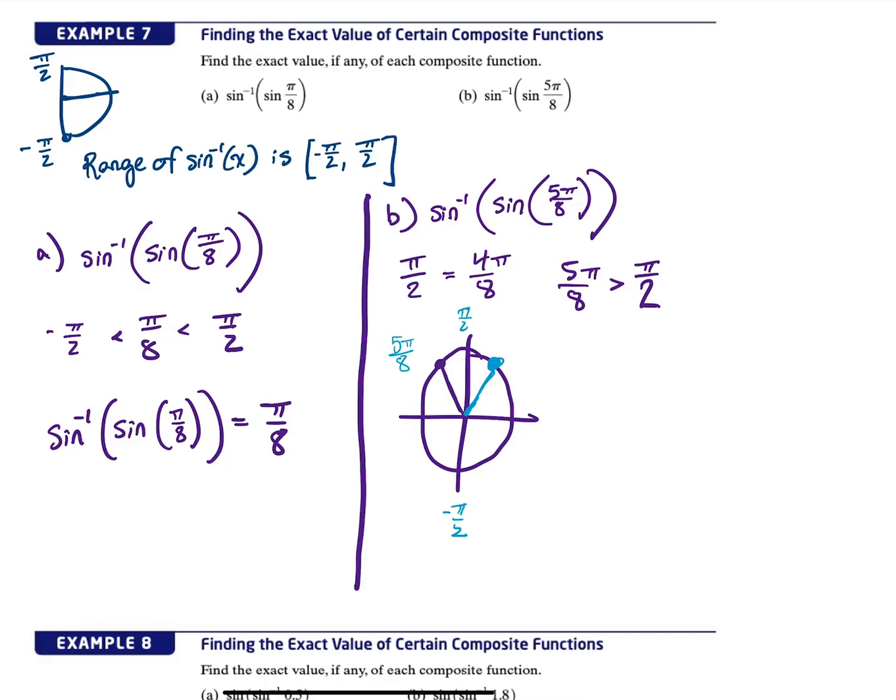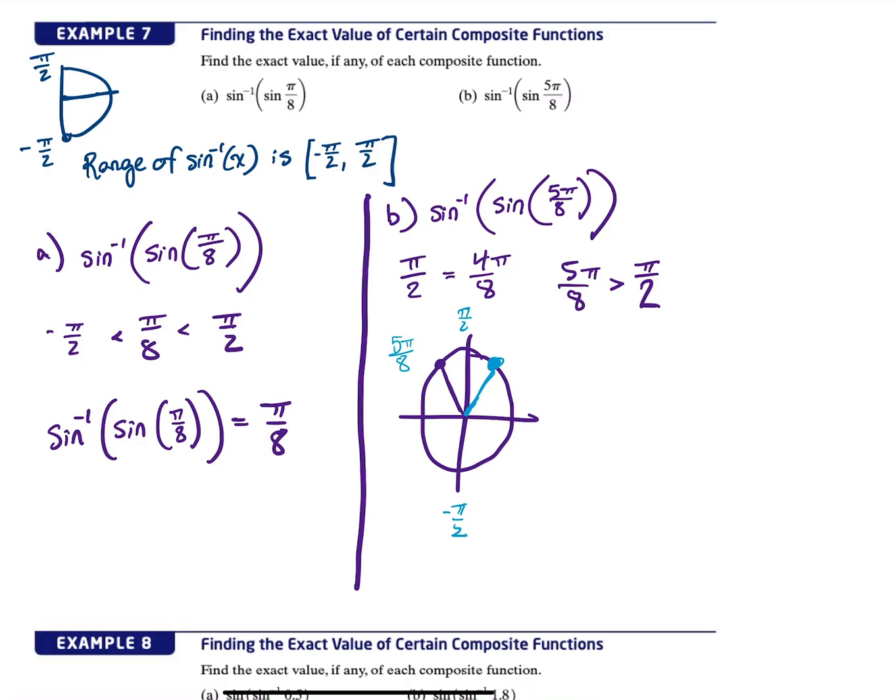So what can we do? Well, if we subtract pi over 2, so pi over 2 is this 90 degrees here, and 5 pi over 8 goes beyond 90 degrees into the second quadrant. If we subtract pi over 2 from 5 pi over 8, we'll get just this inner angle here. So let's find out what that angle is.